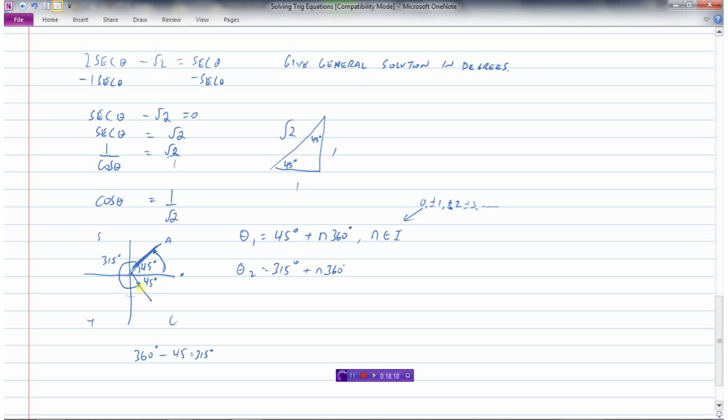I could keep spinning this thing around, keep going around, keep going around. Again, where n is an integer. So whenever it says a general solution, we'll be adding all the coterminal angles to our answers so that we're giving all the solutions.